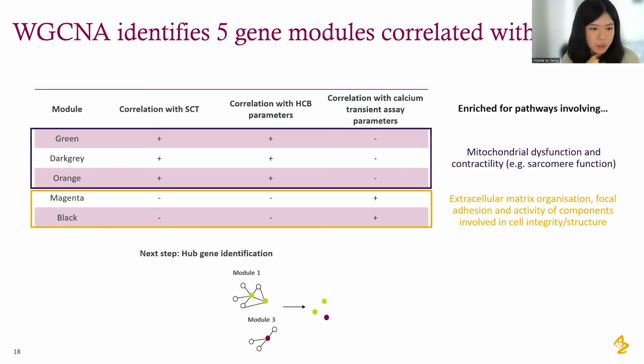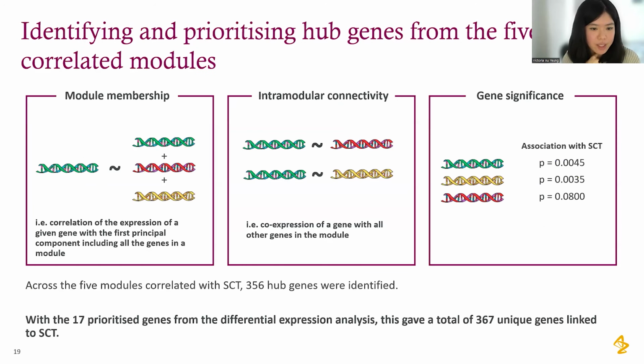So now we come on to the hub gene identification step for each of these modules. In this study, we have 2 different ways of defining a hub gene. One of them is by looking at a metric called module membership. Essentially, this is correlating the expression of a given gene to the first principal component of all the genes in a module.